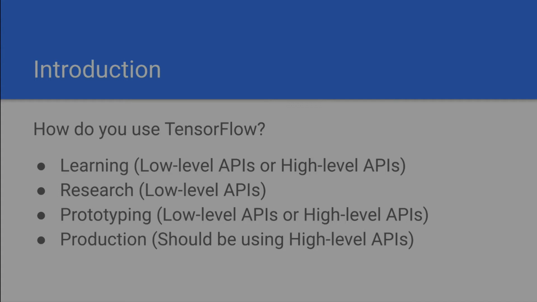Low-level APIs could be used for research purposes or for learning. They're also used in prototyping when people want to have some fine-grained control over how their models behave, how they train the models, what sort of learning rate schedule is applied during training.